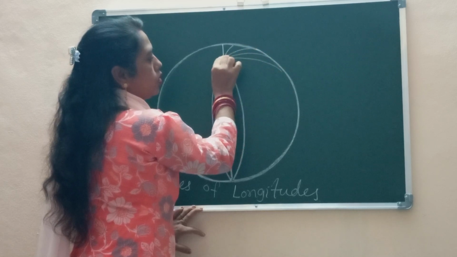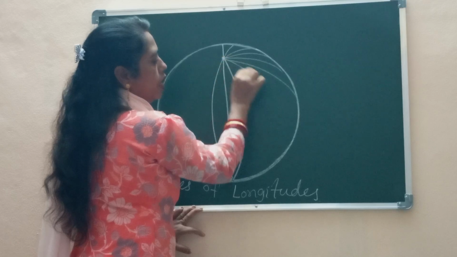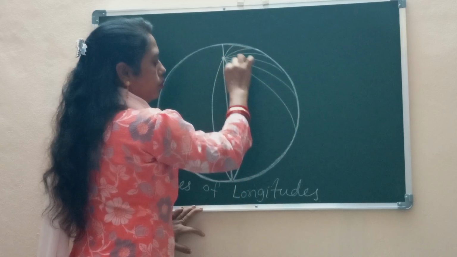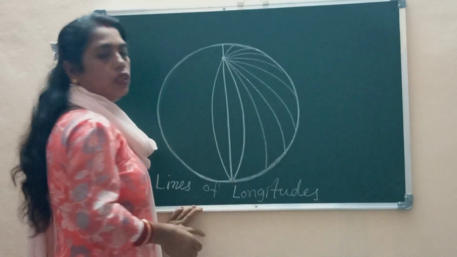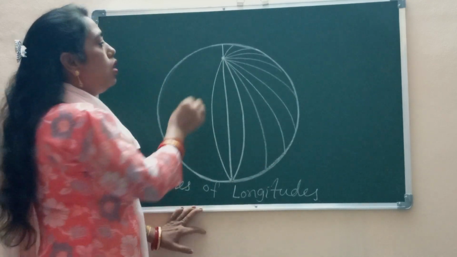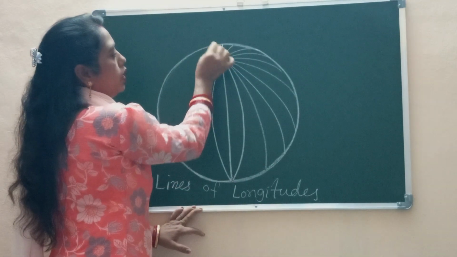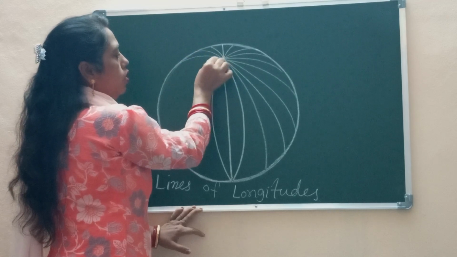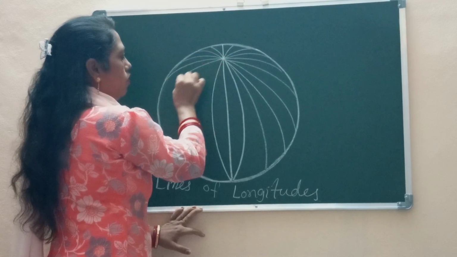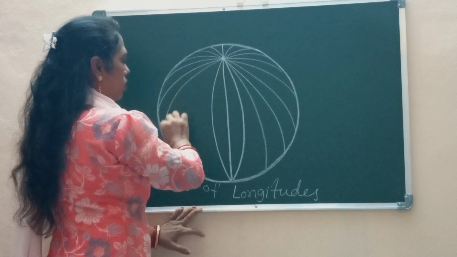All the lines will start from one point and come down. Here you have seen how I have drawn. In the same way we will draw on this side also. These are called lines of longitude.